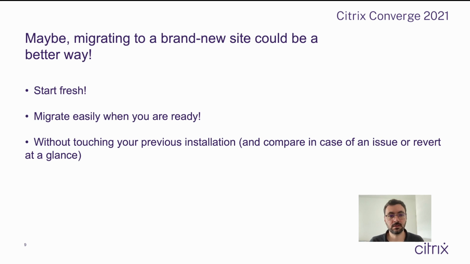This helps you start fresh, and you are able to check in your installation procedure if a setting is still needed, or use the opportunity to enable SSL communication between your storefront servers and your delivery controllers, or even migrate to a new server OS like Windows Server 2022, released a couple of weeks ago. And you can even use this new site to train your coworkers in a safe environment that you can wipe afterwards if you need to do so.